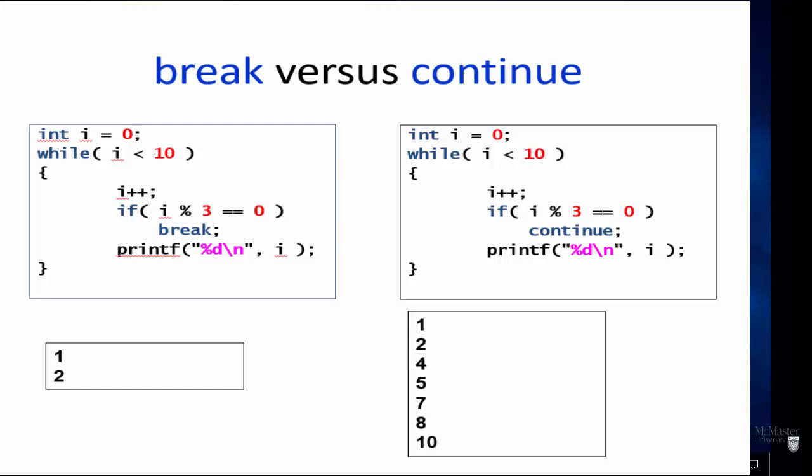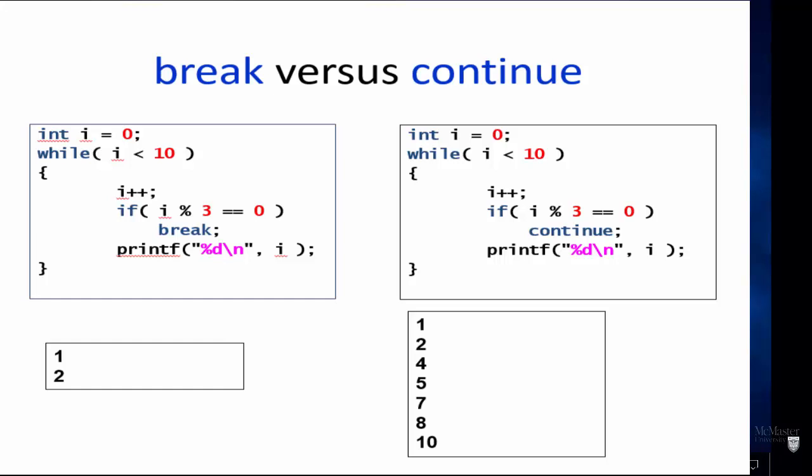Okay, so the difference between break and continue is basically that for break, if the condition that you are checking is true, you entirely exit the loop, right? So you just go outside the loop completely. So in the first example here, in the first iteration, i is equal to 1, you check, is 1 divisible by 3, no. So this condition is not true, and then you print 1.